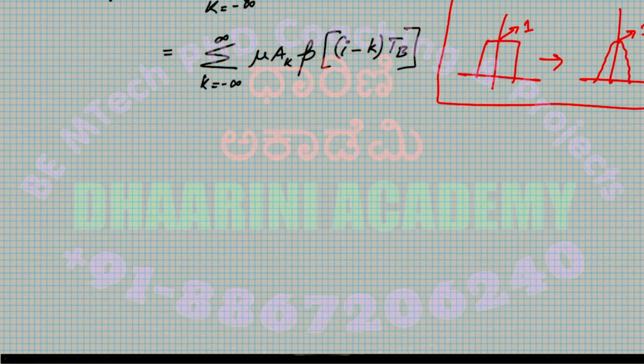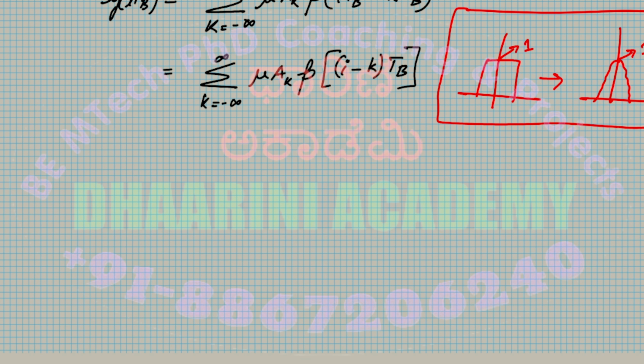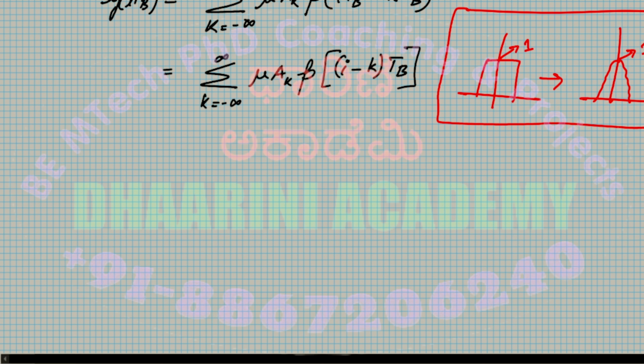Now you tell me under what condition this term becomes 0. This term becomes 0 if I minus k is equal to 0, because Tb is not 0. Tb is a fixed finite value, it cannot be 0. So I minus k is 0 means I is equal to k. When I is equal to k, I have this is equal to 1.